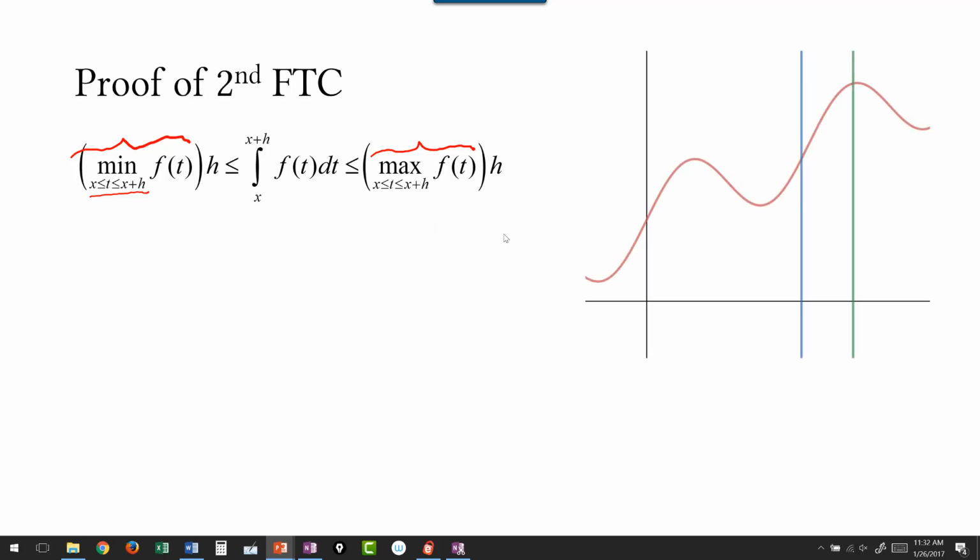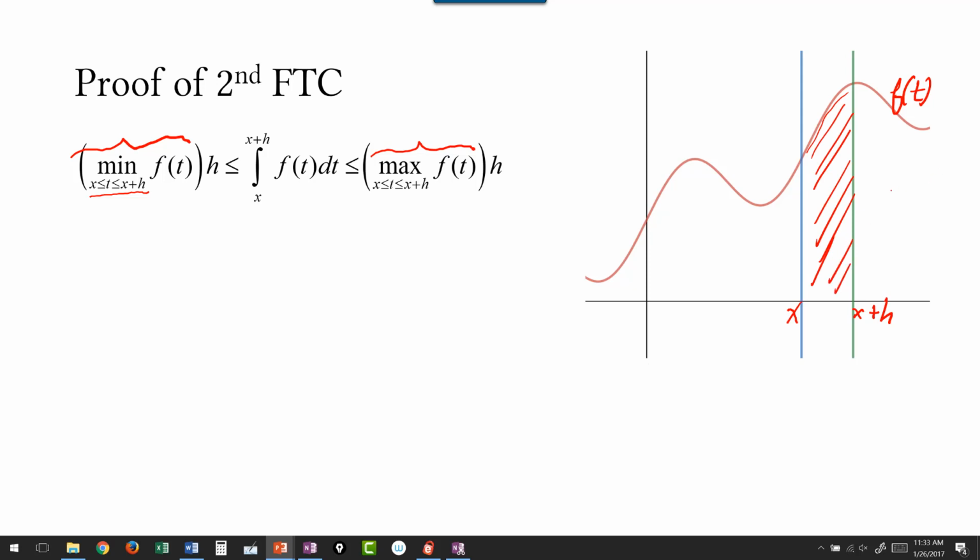Here's a picture of what's going on there. So here's my function f of t in red, and we are thinking about going from x to x plus h. And so the integral, right, is the area under the curve from x to x plus h.